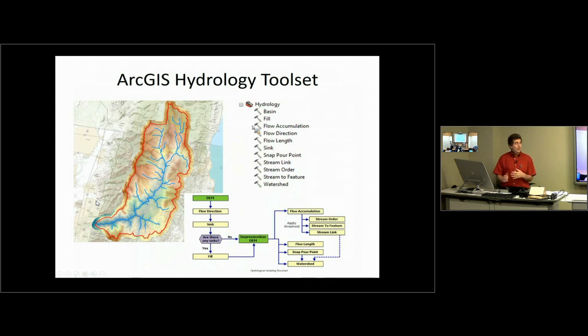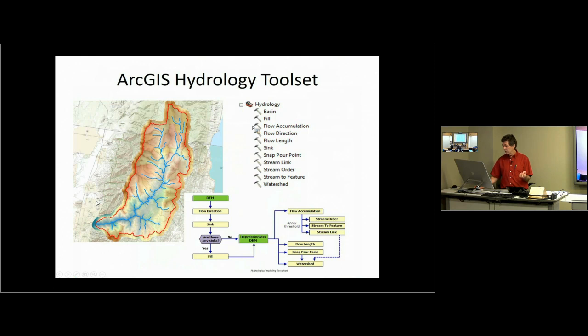Okay, so the next set of tools is the one that we'll be working with, the ArcGIS Hydrology Toolset. It's got things like basin, fill, flow accumulation that we mentioned before. There's a flow chart given in the help pages I asked you to read that guides you through the process, starting from a DEM, flow directions, sinks, to get a depressionless DEM. That's what I call a hydrologically conditioned DEM.